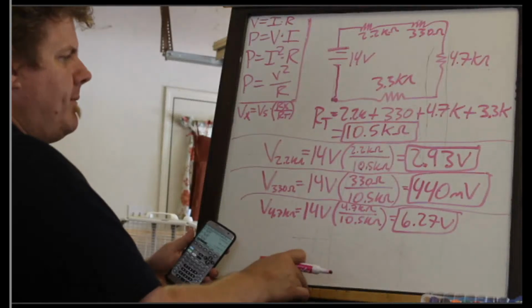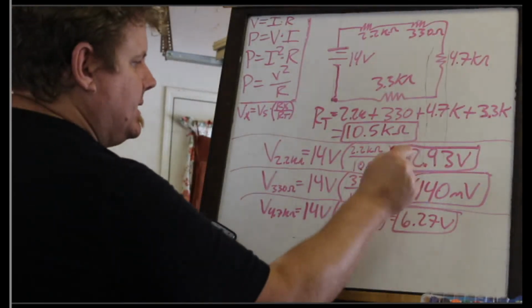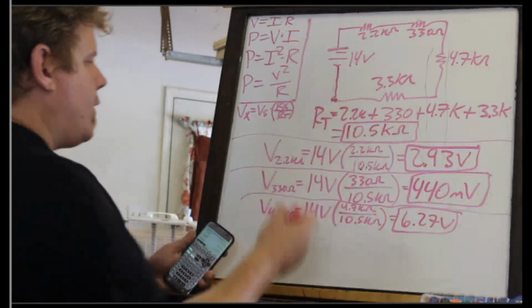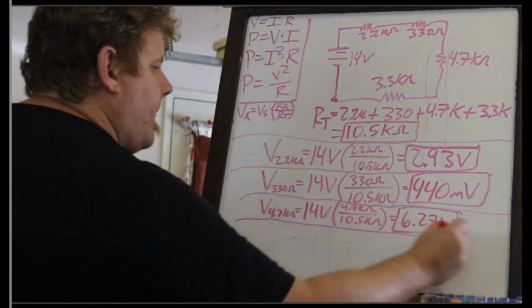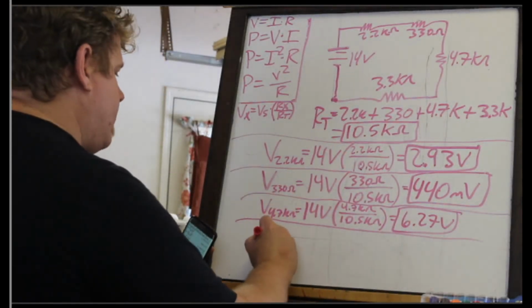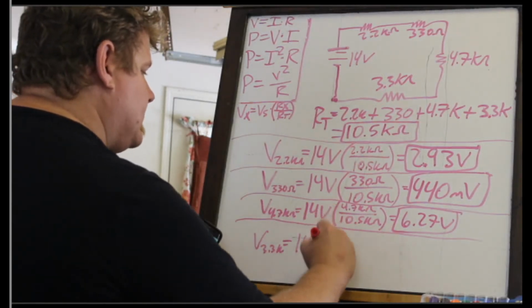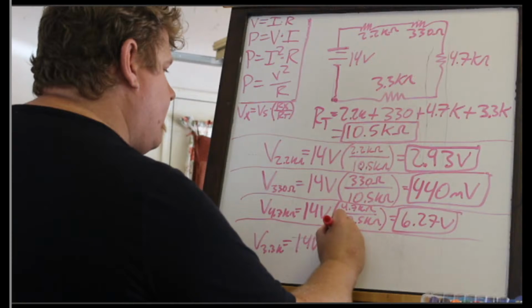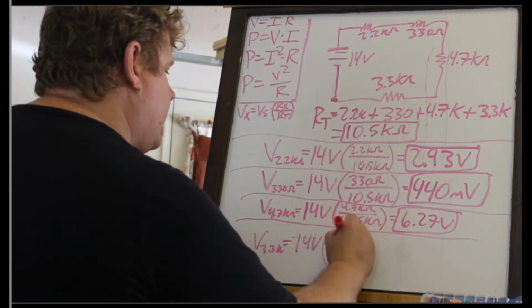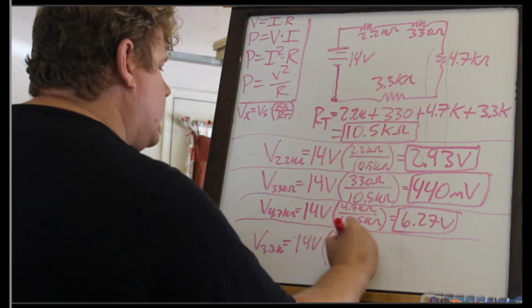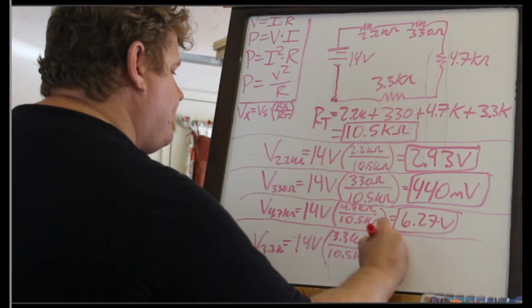So I think I'm probably on the right track, because this is roughly 10 volts, and so I've got 4 volts roughly to go. So now the voltage on the 3.3K, 14 volts times 3.3K over 10.5K.